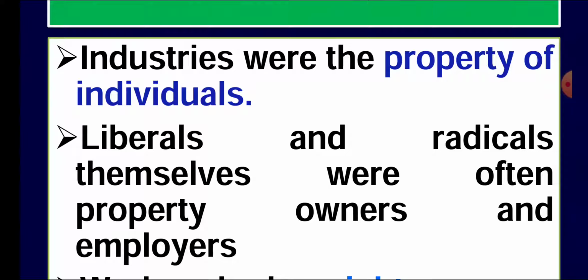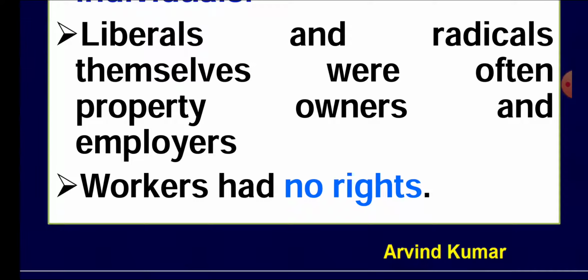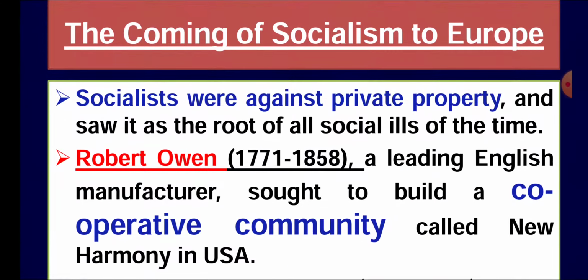Liberals and radicals criticized this private property, and the laborers had no rights to oppose these industrial owners. Even strikes were not allowed at that time. They could not oppose their owners.